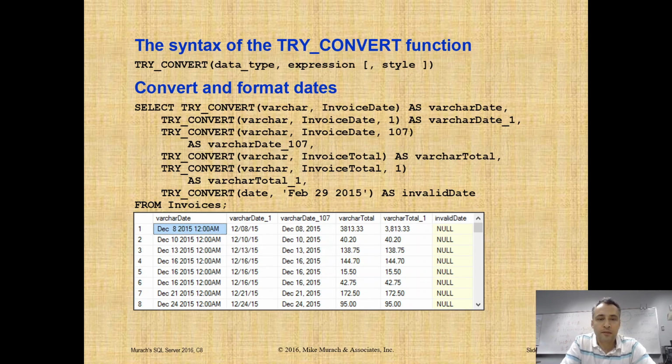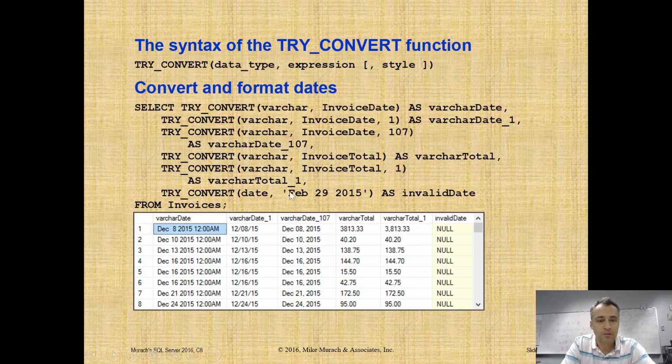All right, and the difference with the try convert function is that it doesn't throw an error when you attempt to convert some value in a column and the conversion is not possible. So just to make a very specific example, in the last column, try convert date, we're converting to the date format the value February 29, 2015.